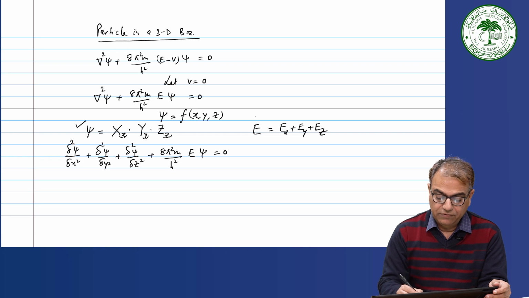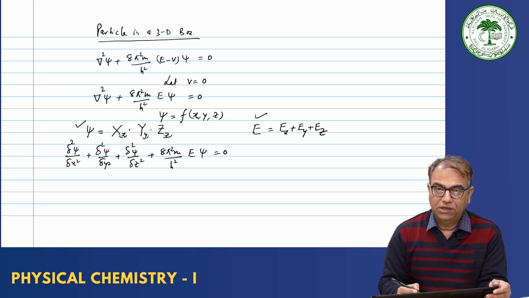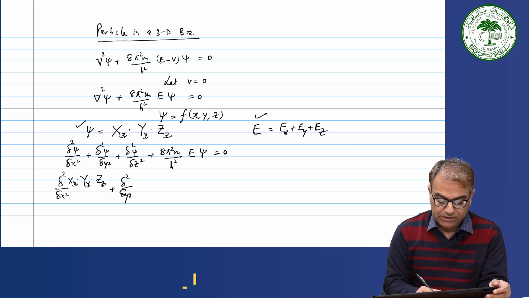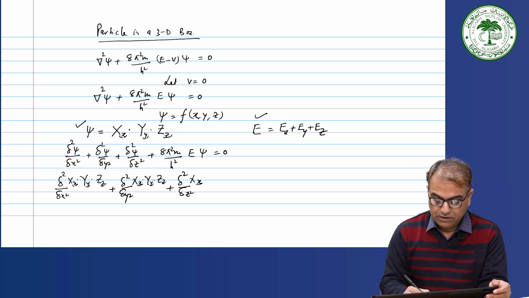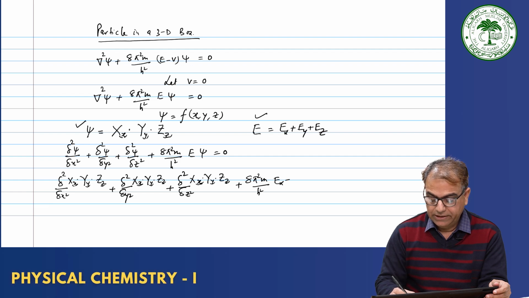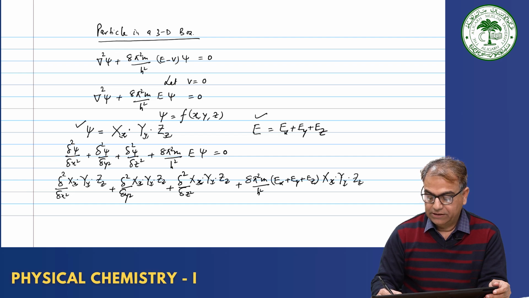If you plug in these values for energy and wave function into this equation, what you get is del square by del x square of X into Y into Z, plus del square by del y square of X into Y into Z, plus del square by del z square of X into Y into Z, plus 8 pi square m by h square (Ex plus Ey plus Ez) into X, Y and Z is equal to 0.